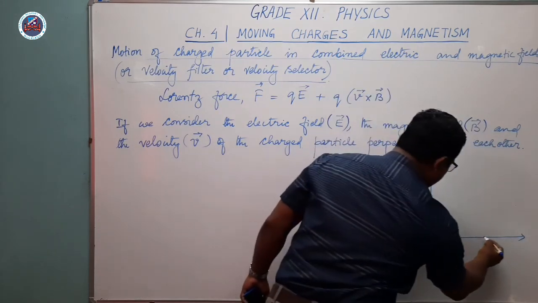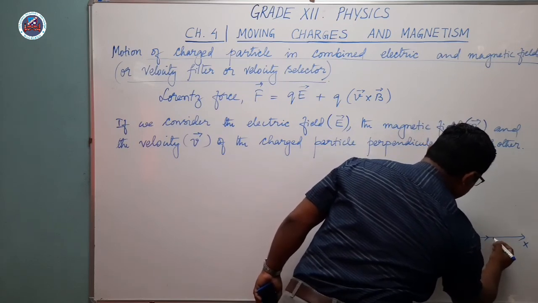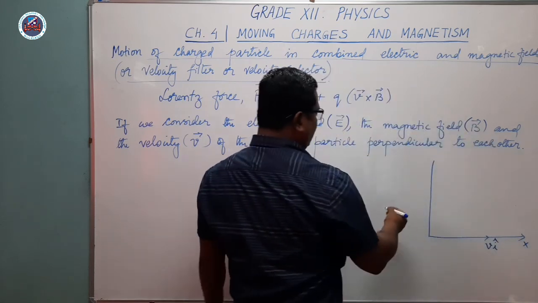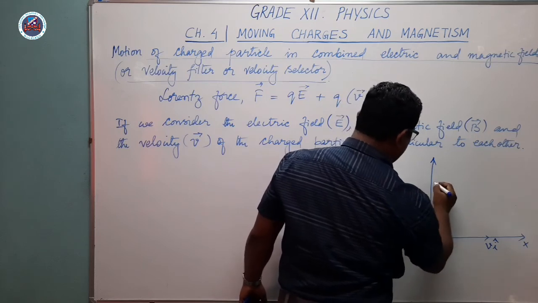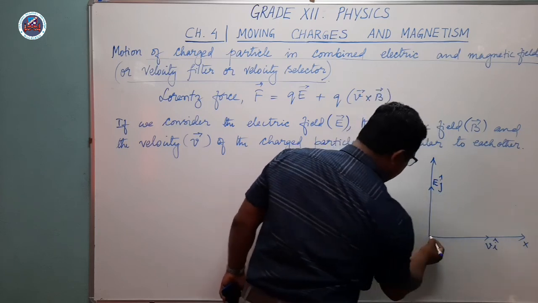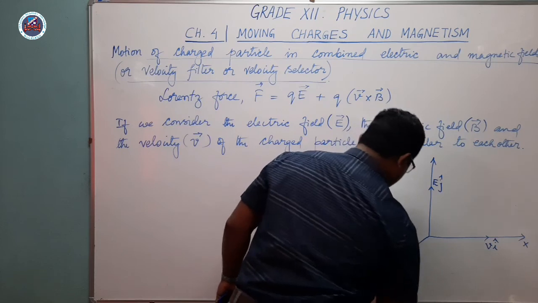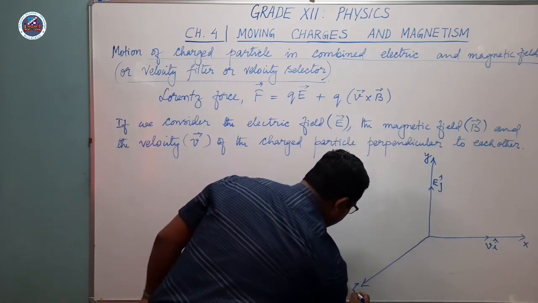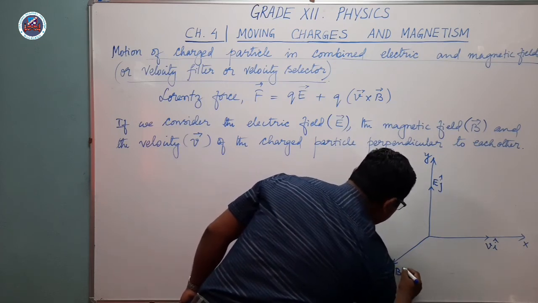Let us take the velocity along the x-axis, so V i cap I can write. Then let us take the electric field along the y-axis, E then becomes j cap. And the magnetic field we will take along the z-axis. This is your y-axis, this is your z-axis, this is your B k cap.